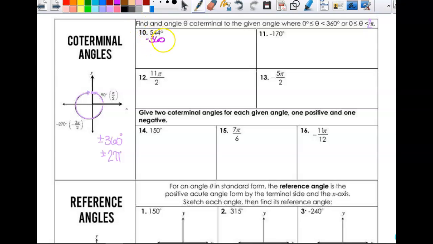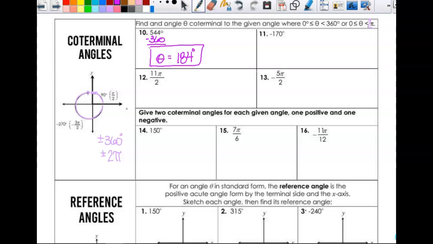And if I subtract 360 from 544, I get that theta is equal to what? 184. And 184 degrees is between 0 and 360. If not, then I might have to subtract again, but that's how easy that is. Okay. So finding them is super easy, but you got to know what they mean in order to do that.